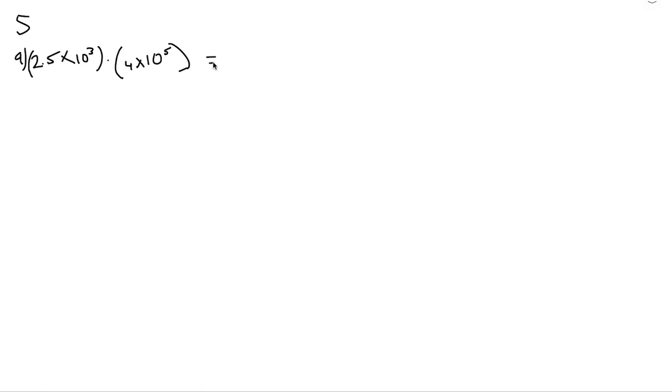Now since this is a product, we can multiply 10 to the power 5 times 10 to the power 3, which gives 10 to the power 8, and 2.5 times 4 is 10, so 10 to the power 8 times 10 gives us 10 to the power 9. This is the answer.